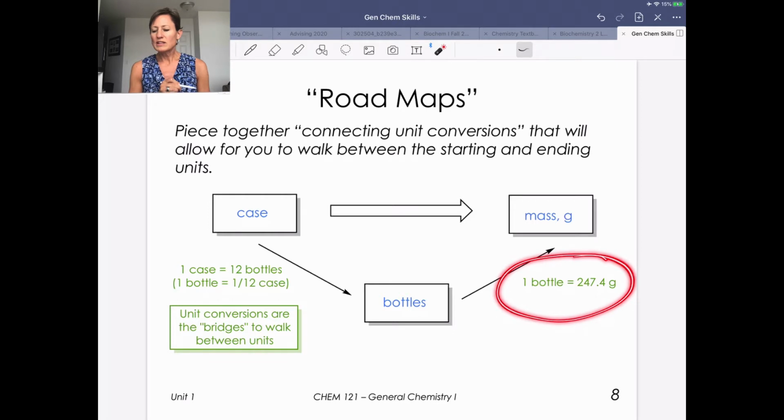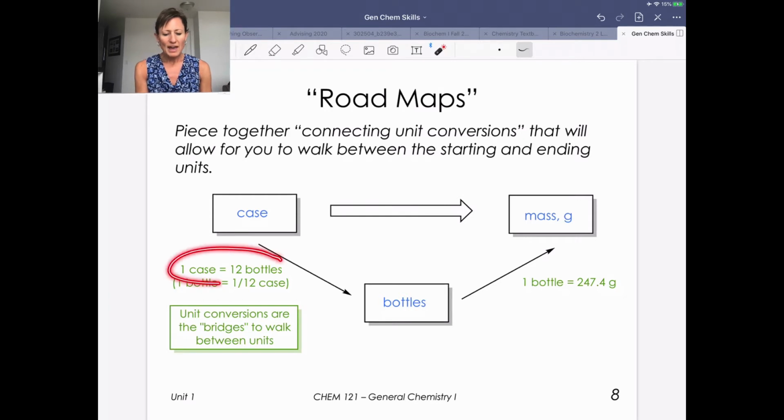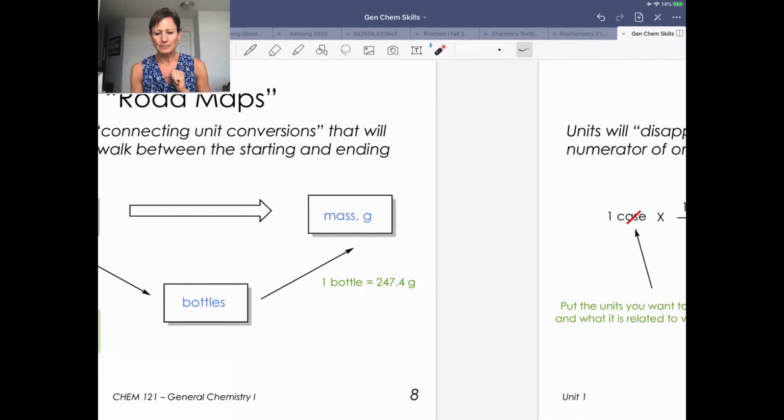So we know that this can be a walk between bottles and mass in grams. You'll notice here that when we have these relationships, these show us the stepping stone that allows us to walk between those units. We only can take 1 step at a time. We can't jump over 2 or 3 stones. So we need to have these units that bridge and connect together.